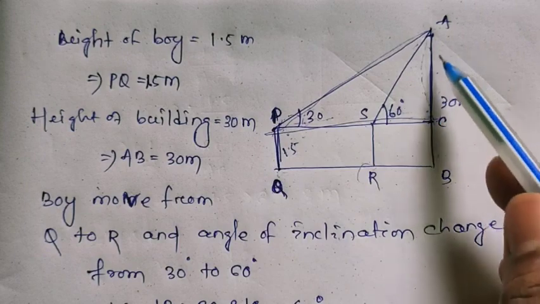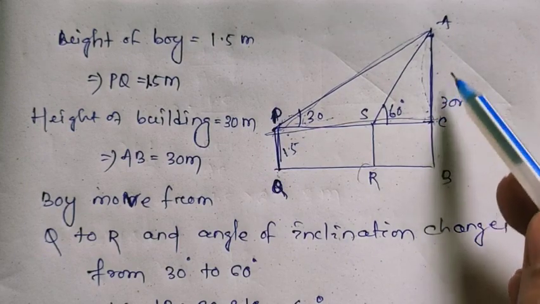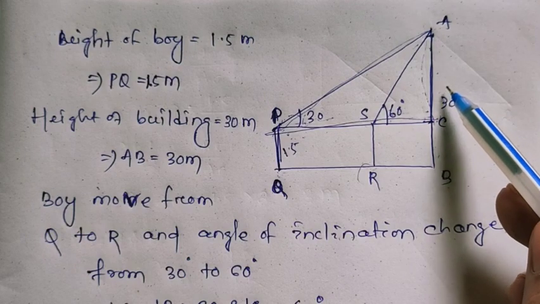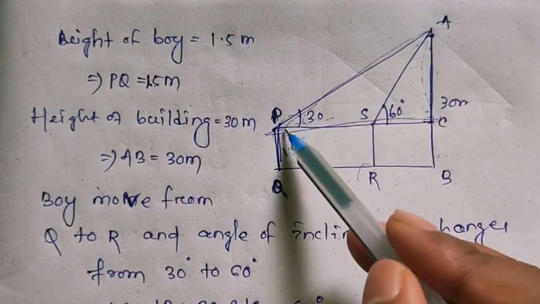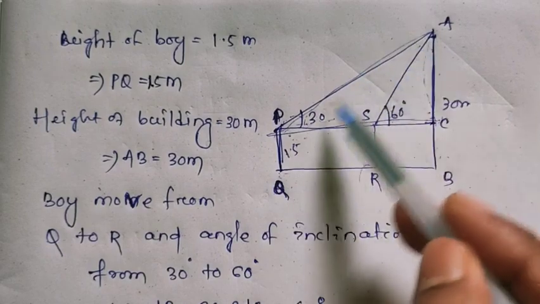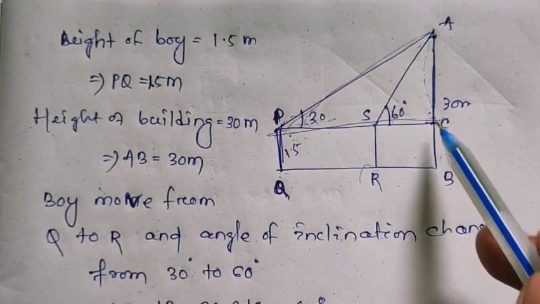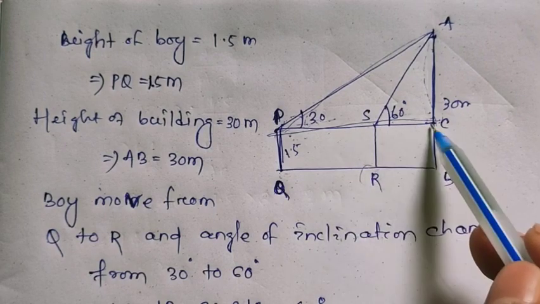From here I can calculate AC. So AC will be 30 minus 1.5, that is 28.5. From there I can find PC. From triangle APC, tan 30 is equal to AC by PC. From that we can calculate PC.